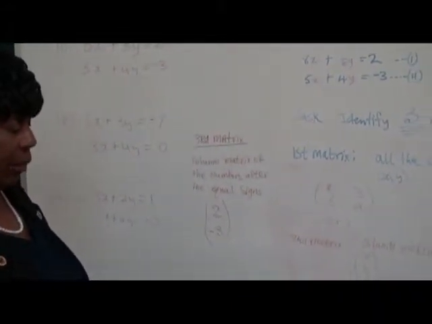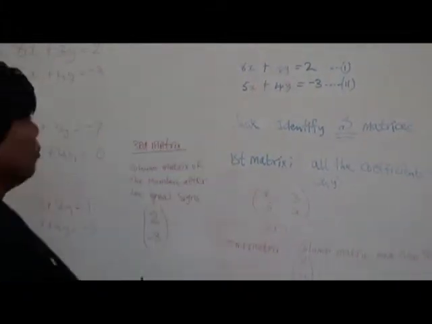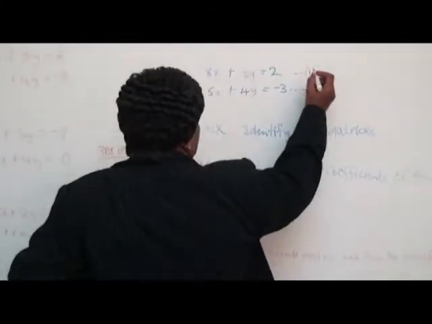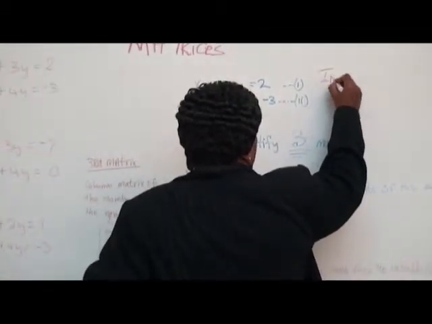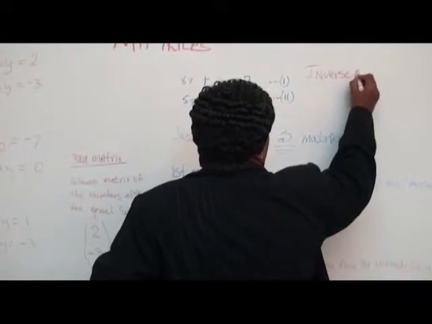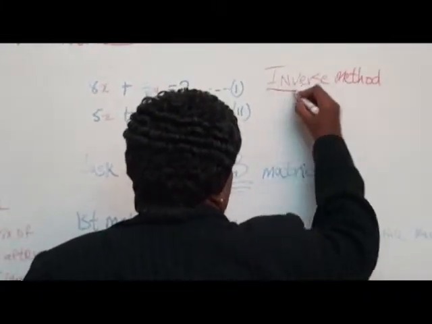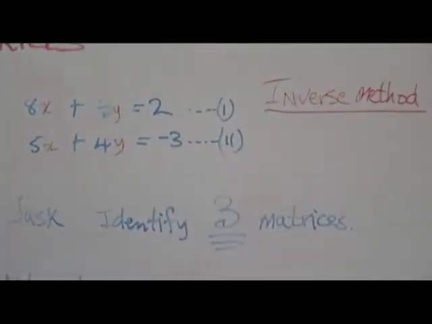And the matrix method I am using is the inverse method. I am concerned with the inverse method because it has several parts which lends itself nicely for CXC to ask the types of question we are looking for.